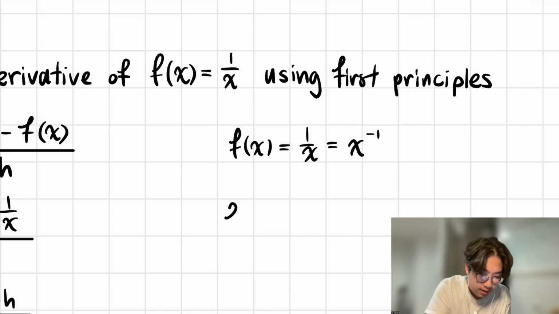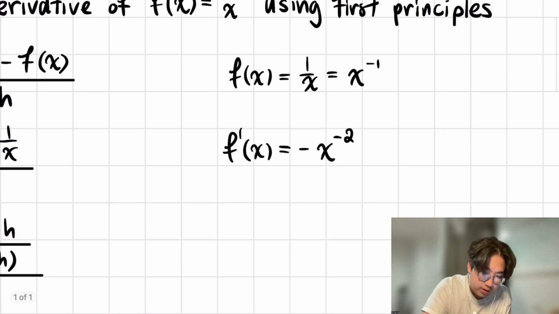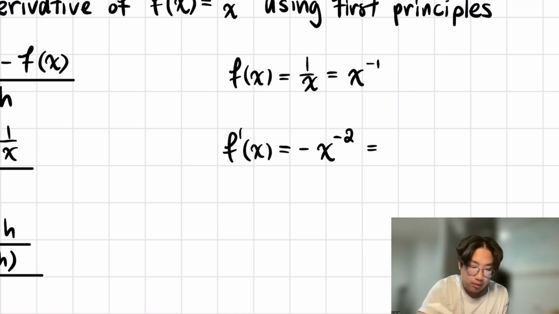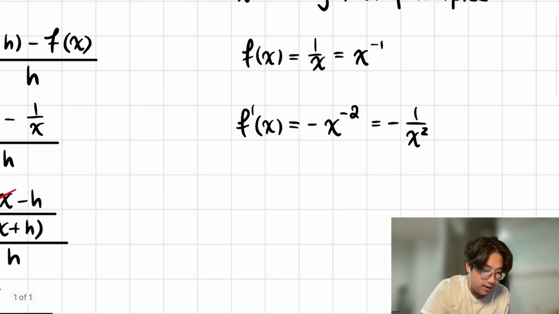So f prime of x, again, you bring down the power and then you decrease the exponent by 1. You have negative x to the power of negative 2. And then, of course, you can rewrite this as a rational expression. So you have negative 1 over x squared, and that agrees with exactly what we solved for down here.